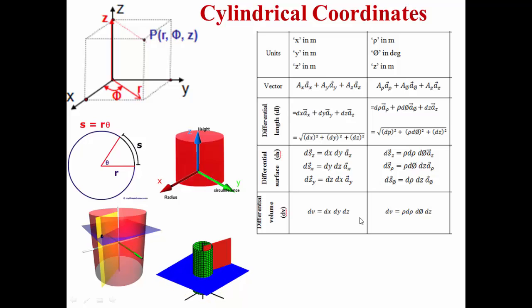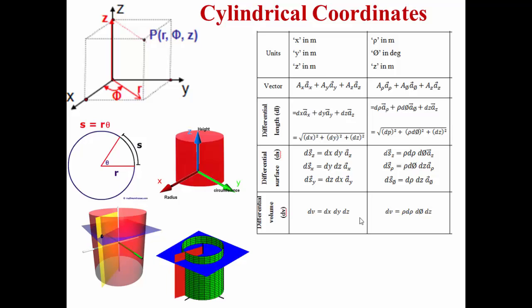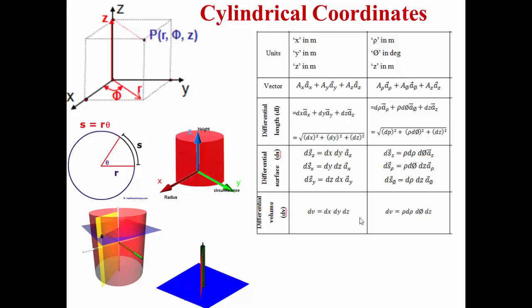Now to mark the point P, we require three objects here. One is a cylinder, the next one is a rectangular plane, and the third is also a rectangular plane.